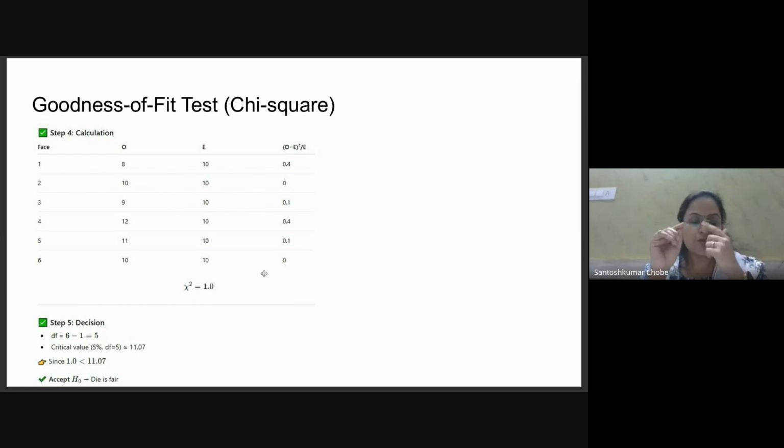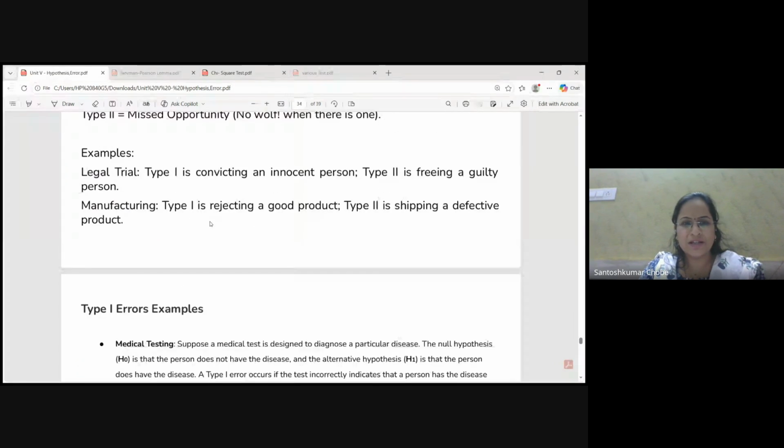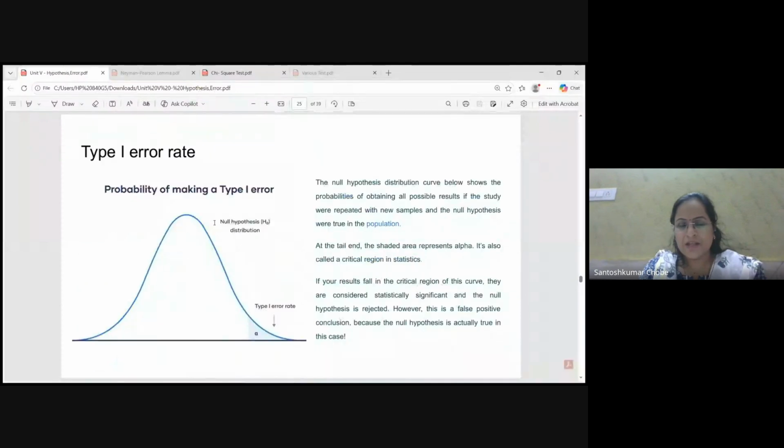I hope you remember what we have seen in the table of alpha. There is a graph, right? A normal bell curve, and at this end you can see the alpha. So what does that alpha say? See here, hypothesis testing. I hope you are able to see this graph.